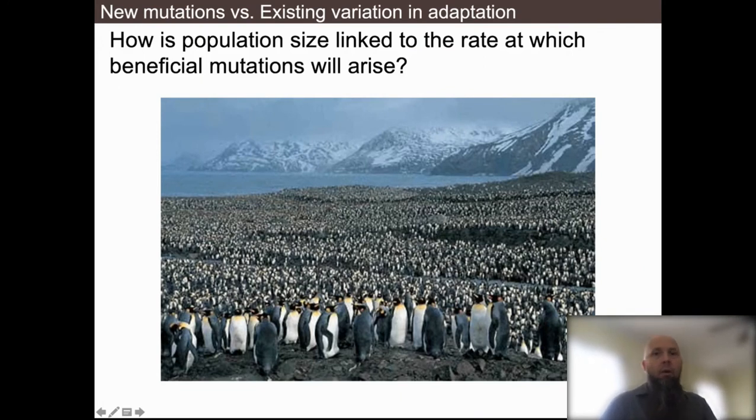Okay. Now, as new mutations are arising in the population and the population is adapting to new environments, right? We've talked about the role of these populations being very large. So why is it that large populations are important? Why do biologists become concerned when populations of endangered species get smaller and smaller, right?